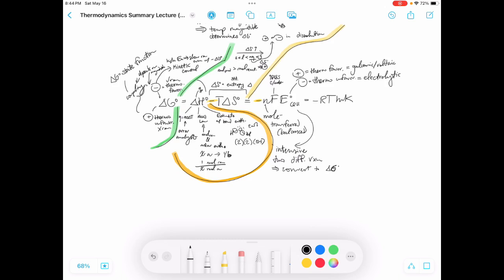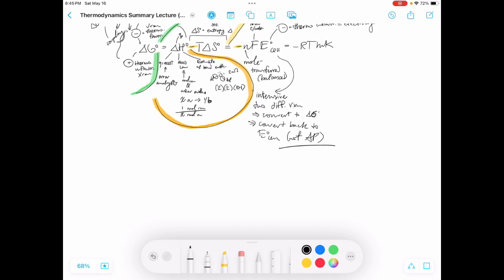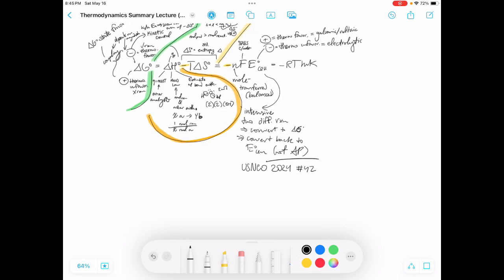You convert to delta G so you can couple it and then convert back to E naught cell. So that's not an AP topic. You don't need to worry about that. But if you want to get better at chemistry, I would recommend looking at USNCO 2024, number 42.